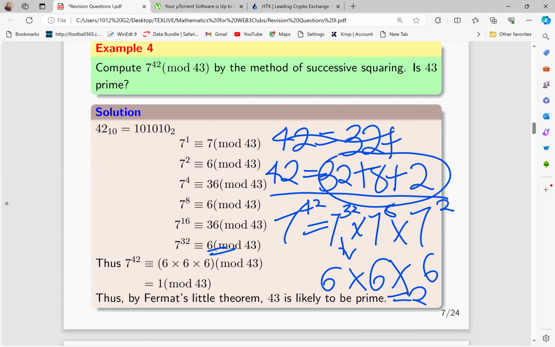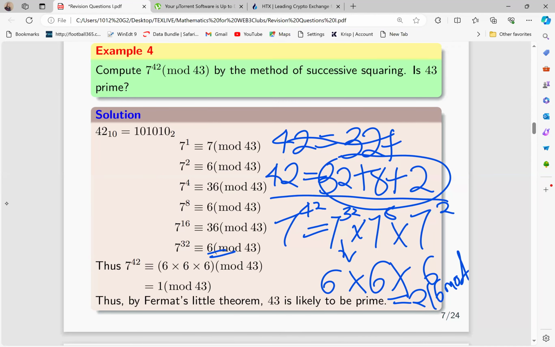So we have 216, and we're reducing it mod 43.